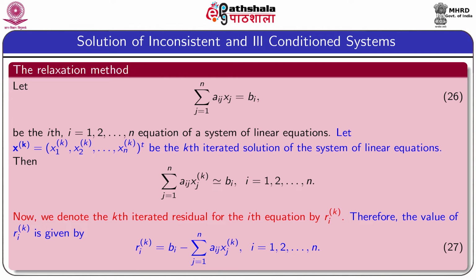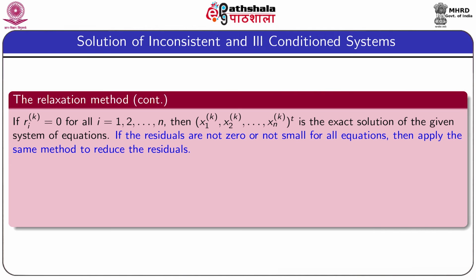That means this is the difference between the right hand side and the left hand side of an equation. If Rik equal to 0 for all i equal to 1 to n, that means the residuals are 0 for all equations, then x1k, x2k up to xnk transpose is the exact solution of the given system of equations.